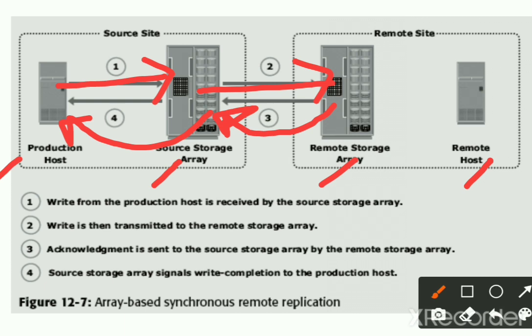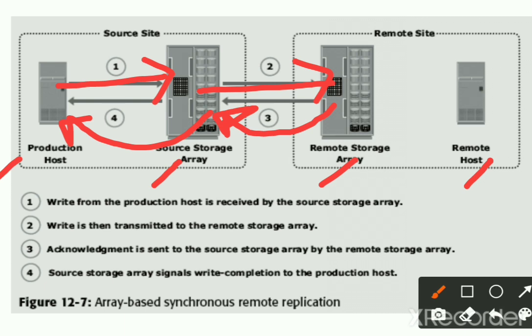The problem with this one is, if the network fails, the replication will be suspended and the production work cannot continue, because the data will not be moved to the remote site, or though it has been copied, it cannot be used because it has to acknowledge back to the host. So the array operating environment keeps track of the writes that are not transmitted to the remote array.